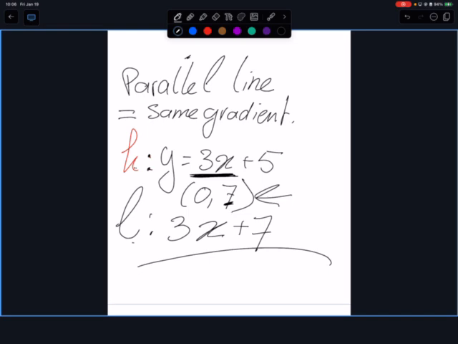And it says L is parallel to K. Give the equation of L. Easy. Same gradient. There it is. Goes through 0, 7. Done. You've done it in 2 seconds. These come very often in paper ones. Very often. Takes you 2 seconds.